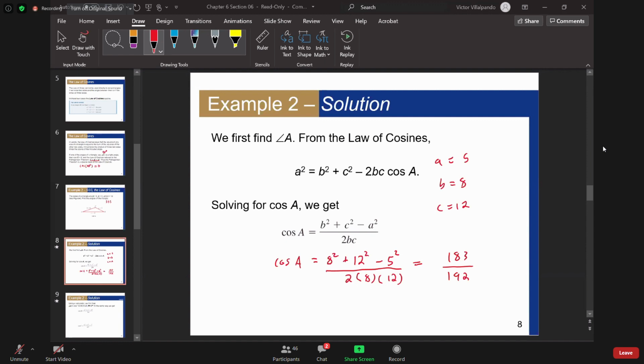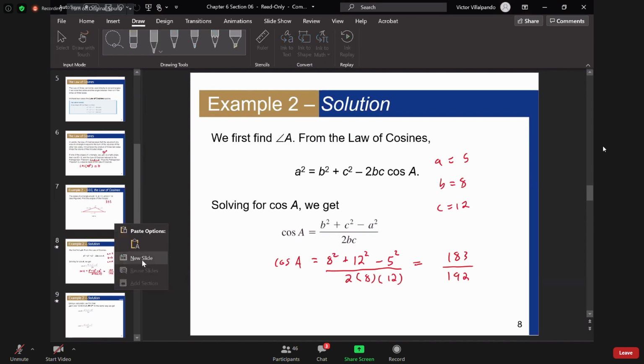Did anybody else get 183 over 192? Or if anybody got a decimal, something like negative 0.6875? I want to leave it as a fraction because when you round before your final answer, you tend to get round off error. So that's why I wanted to leave it as 183 over 192 before I do inverse.